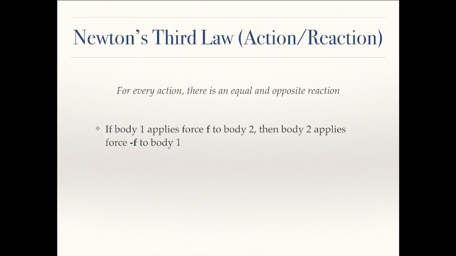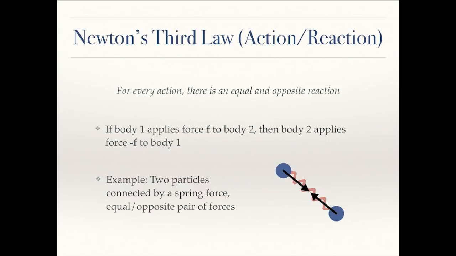Okay. So Newton's third law tells us more about how two interacting bodies exert forces on each other. In particular, they exert a force on each other that's equal in magnitude and opposite in direction. So if body 1 applies a force F to body 2, then body 2 necessarily applies a force minus F to body 1. Here's some examples. Our spring force. These particles are interacting through a spring, and if we stretch that spring, the spring will try to exert a restoring force to try to bring them back to their rest length.